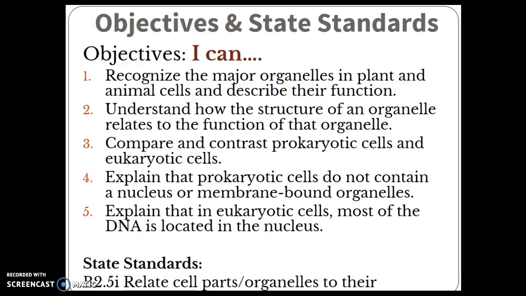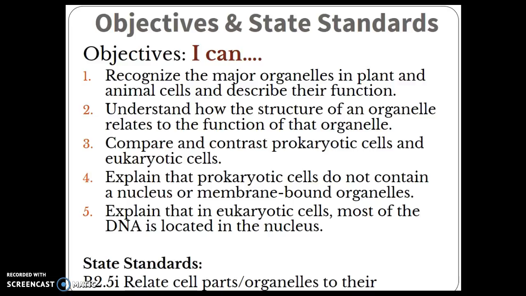Now that you have done the warm-up question, we're going to go back to these objectives and state standards. We have discussed many of these already, but we are going to be talking about the major organelles and how they relate to the function of the organelle.